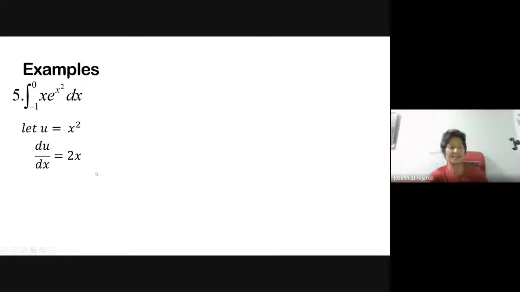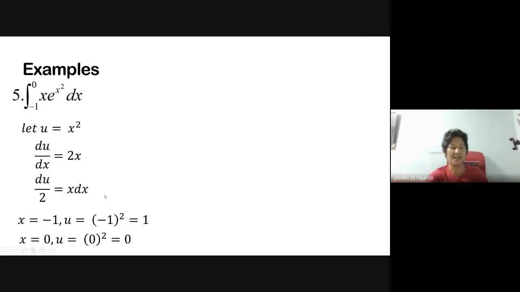So I need to have x dx again, so I have to solve x dx. And the same thing that we replace your lower and upper limit. So when x is negative 1, we have u is 1, and then when x is 0, u is 0. Okay, so yung u natin ay 0, magiging 0 pa rin. Pero yung negative 1, magiging positive 1.